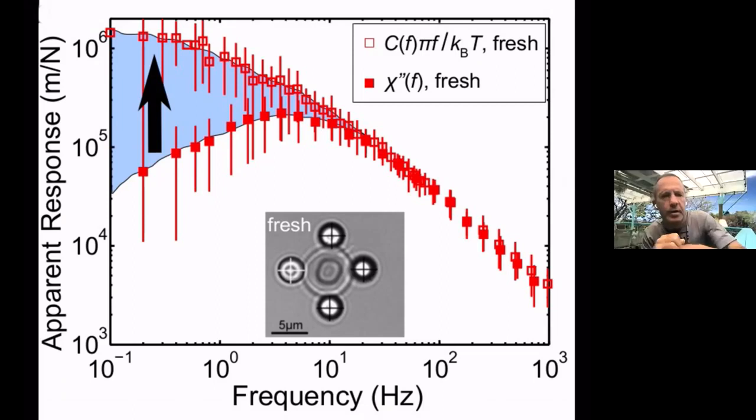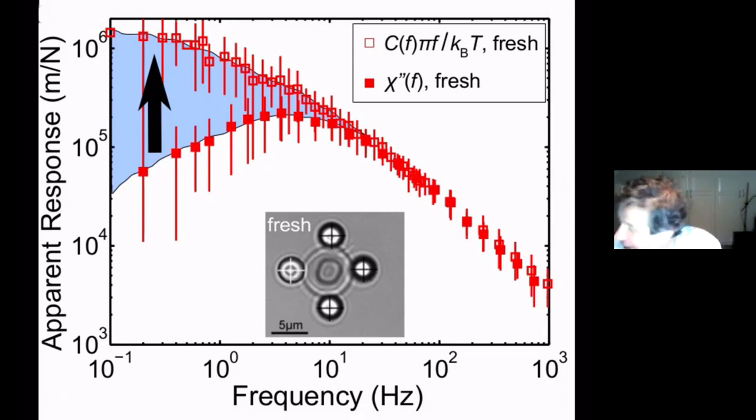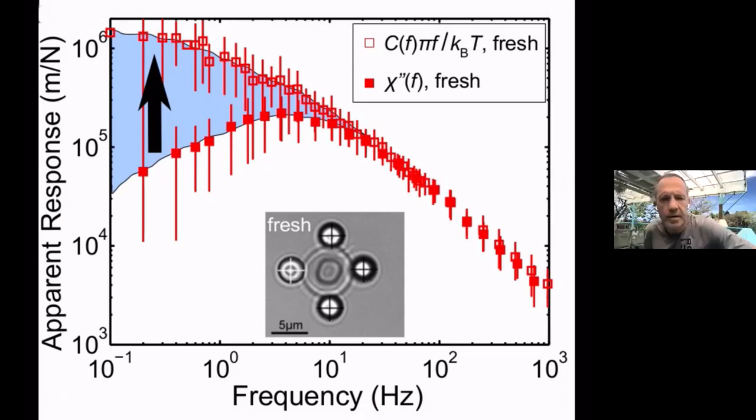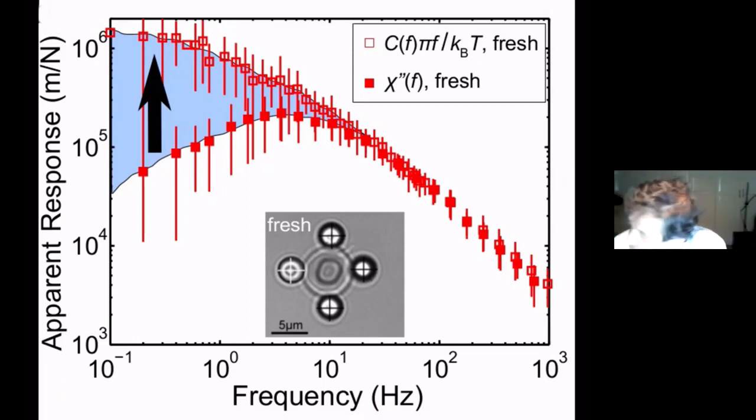Jean François, I just wanted to find out, do you expect the ratio of the C and chi double prime to saturate at low frequencies, or is it divergent? So the ratio of C and chi double prime is just the ratio between these two curves.